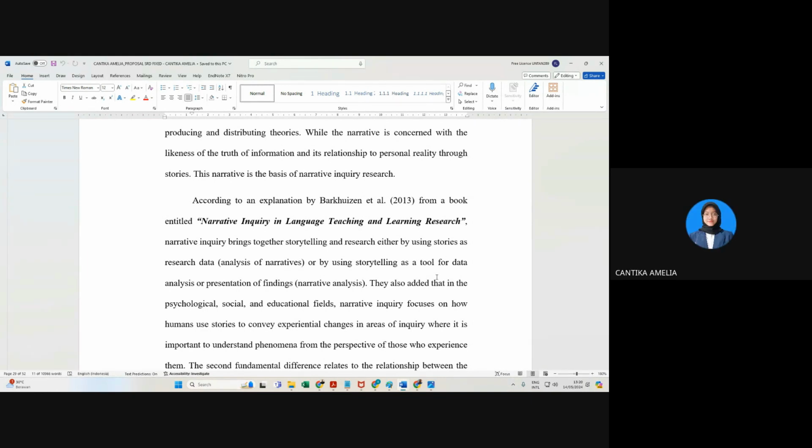So I will collect the experience, the story of participants, that includes their experience and activities through data collection such as interview, observation, and document. Oh, wait a minute. So now you are doing narrative inquiry. Okay. Now, as a researcher, what are you going to do?